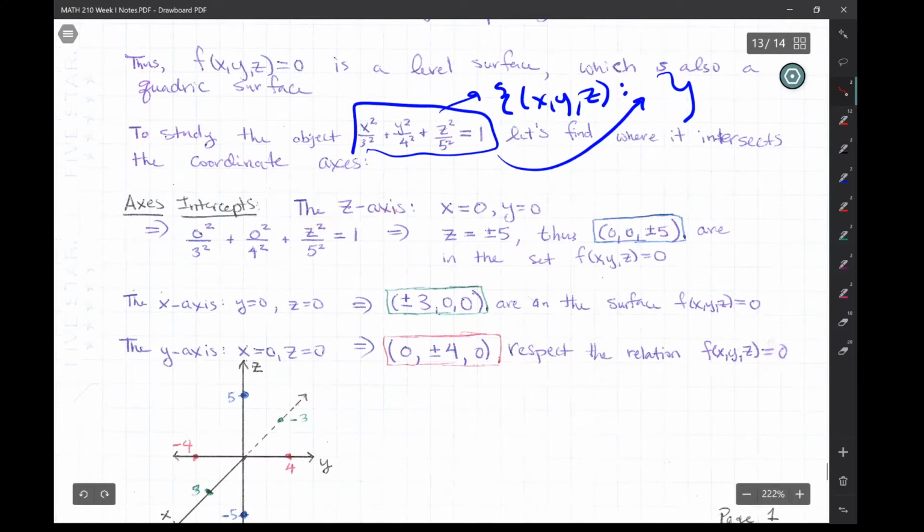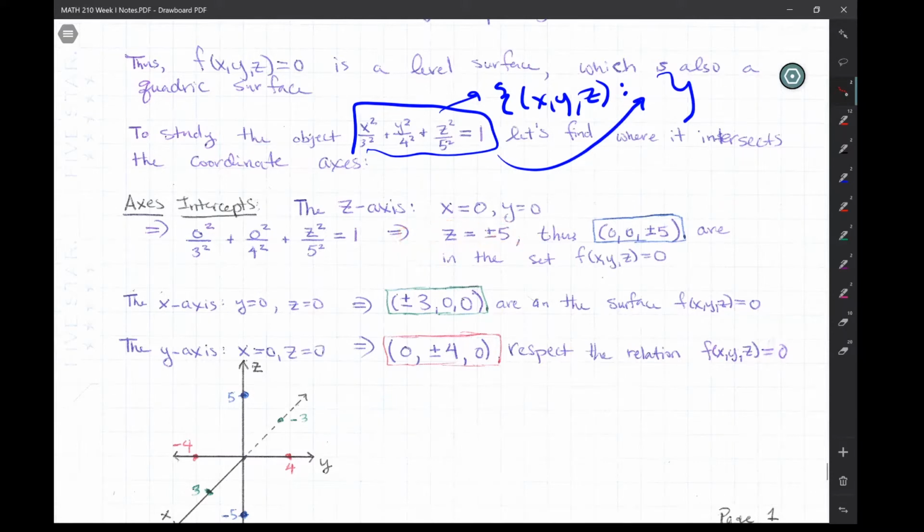Well, what describes the z-axis? You'll be along the z-axis whenever x and y are equal to 0. So let's plug for x 0 and for y 0, and we get this solution. z is equal to plus or minus 5.